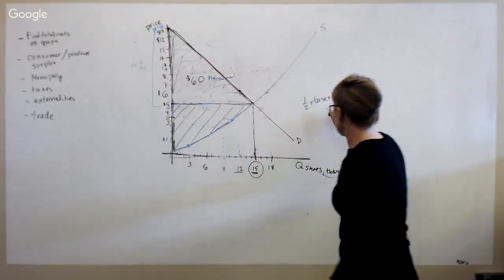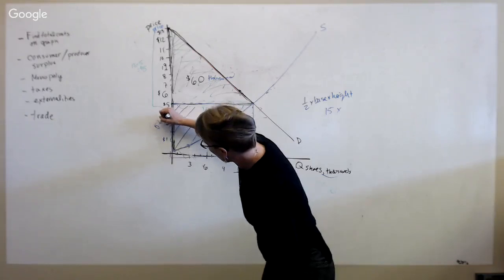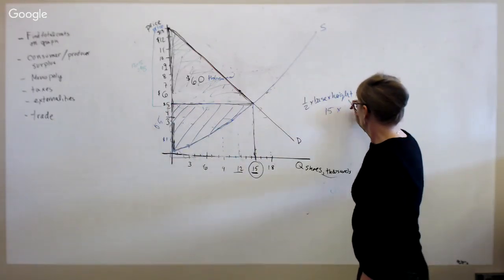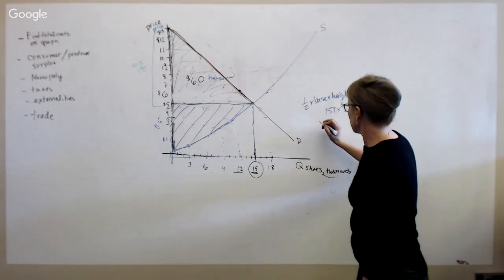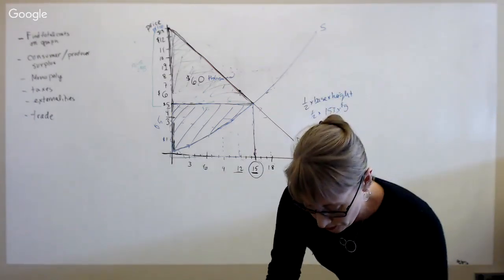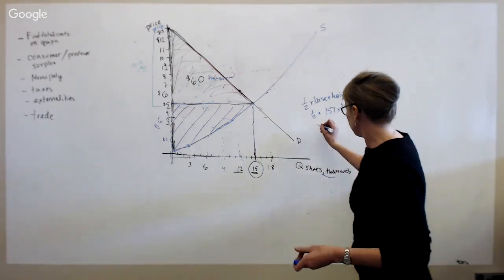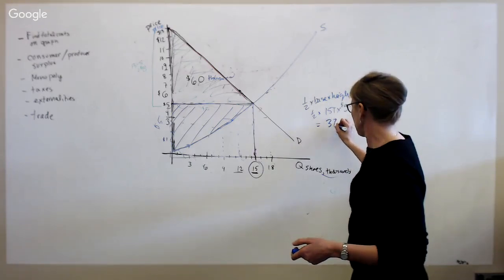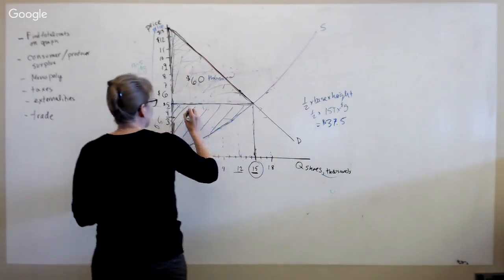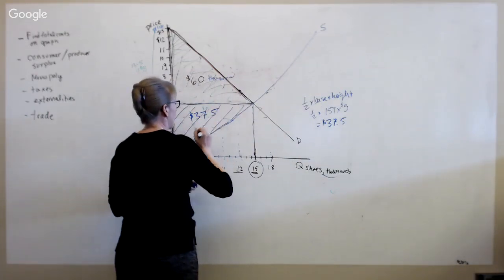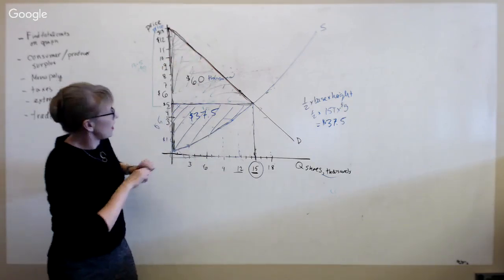Our base in this case is 15 again, and our height is $5. 15 times 5, and this is in thousands. 15 times 5, I'll just punch this quickly, is 37.5 thousand. That's our producer surplus.